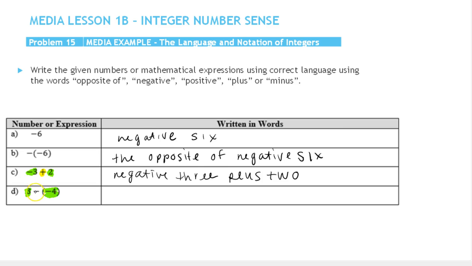So this is representing the operation of subtraction because it's between the two numbers. So we'll write this as 3 minus negative 4. And we're done.